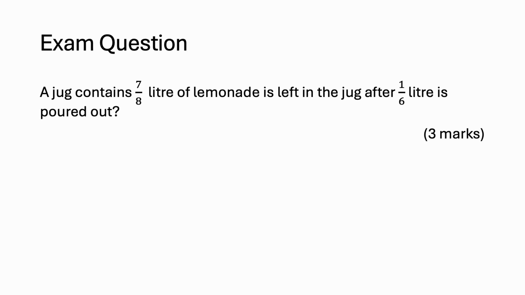So let's look at this question here. A jug contains 7/8 liters of lemonade and is left in the jug after 1/6 liter is poured out. Okay, so essentially for this question here, we are going to be doing subtraction.